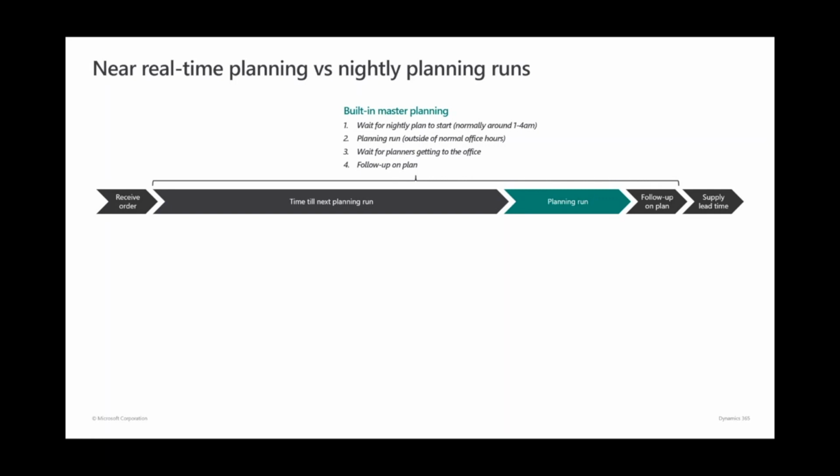And the planner, you need to wait until he comes back to office. So he's maybe coming back when you're in the EMEA time zone at 8 a.m. or 9 a.m. in the morning. And then he starts working and you're receiving orders, but you need to wait until the next MRP run is getting executed. So there's a very long lead time until you do see the result.